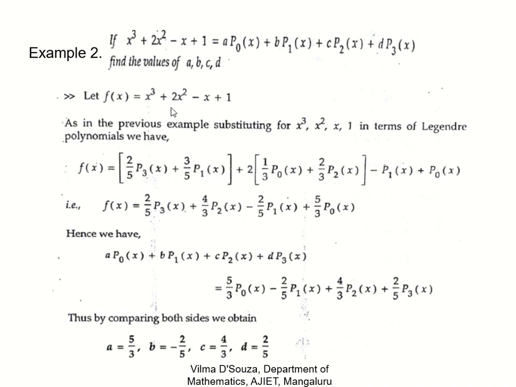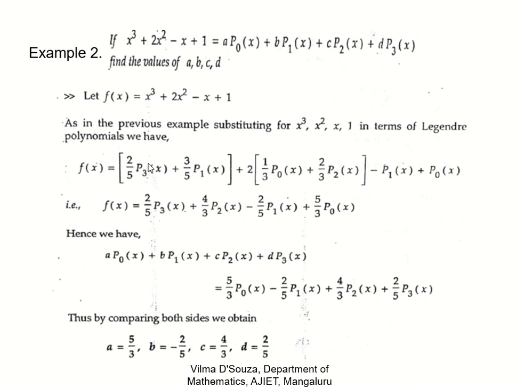So you take the function as f of x. As in the previous example, substituting for x cube, x square, x, 1 in terms of Legendre polynomials, f of x is equal to, what is x cube? X cube is 2 by 5 P3 of x plus 3 by 5 P1 of x, plus 2x square, that is 2 into 1 by 3 P0 of x plus 2 by 3 P2 of x, minus x. X is P1 of x, plus 1. 1 is P0 of x.